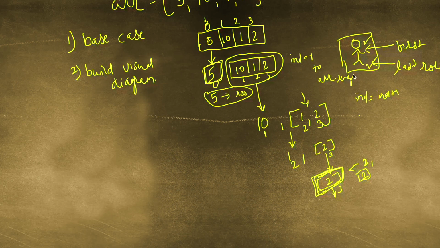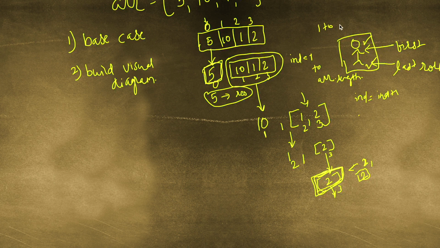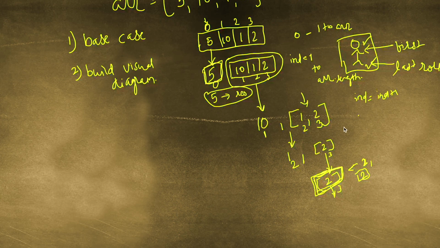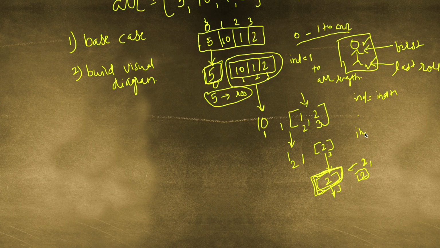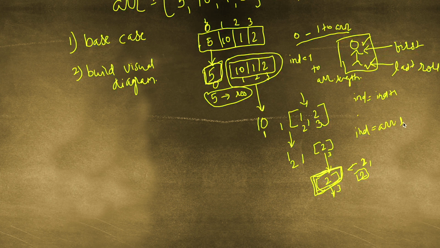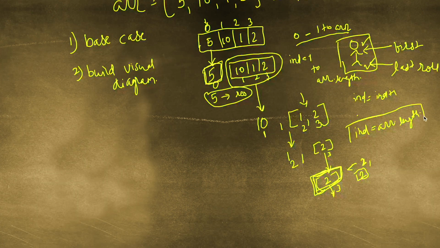This way I can divide the array into 1 to array.length and 0. By doing this, at one point of time index will become array.length. So this means I have only one element left in my virtual array and I will return that element.